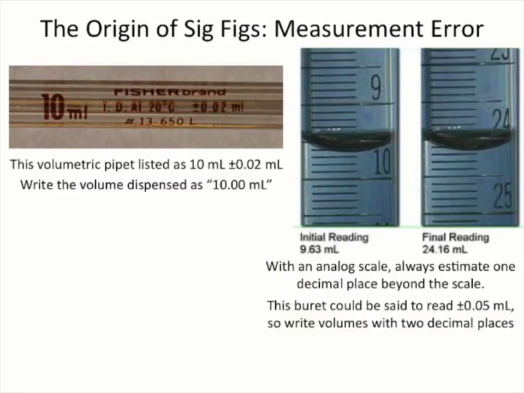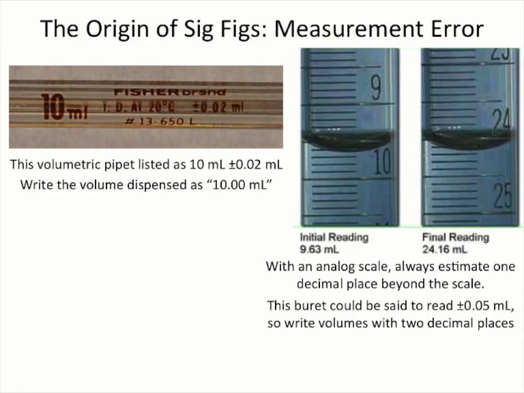Okay, so now that we've talked a little bit about what sig figs are, we should mention why we care about them and where they come from. So ultimately, significant figures are determined by an experimental measurement in the lab, and some of these measurements have more or less precision, which lead to more or less significant figures.